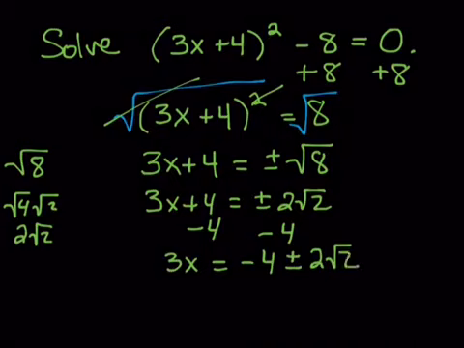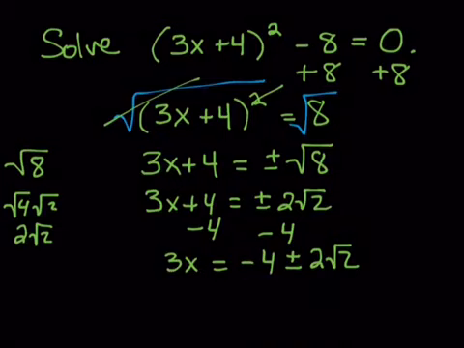Remember order of operations: if you tried to actually do this addition or subtraction, there's really two issues here. First, you have to make a decision about this plus or minus sign. Are you going to do -4 plus 2, or -4 minus 2? The other issue is that order of operations says we have to multiply first, so I would really need to do this 2 times square root of 2 before I can think about adding or subtracting this -4. Because of those reasons, we're just going to leave it like this.